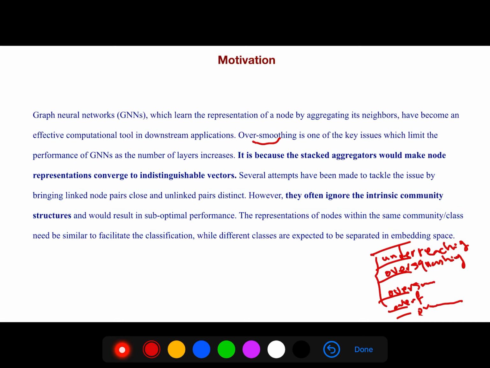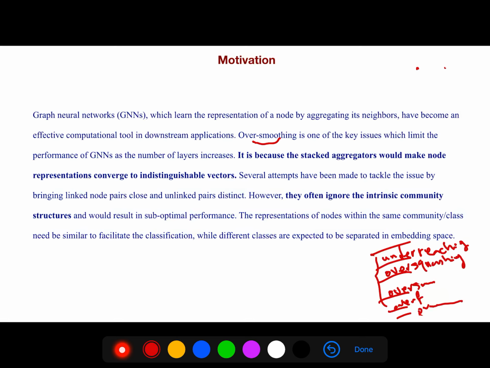You cannot distinguish two nearby nodes. And several attempts have been made to tackle the issue by bringing linked node pairs close and unlinked pairs distinct. However, they often ignore intrinsic community structures, the topology, and would result in suboptimal performance.